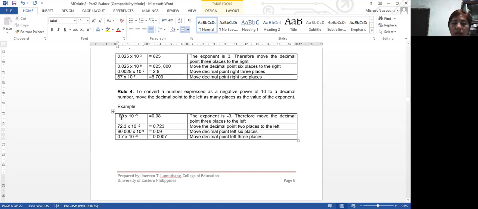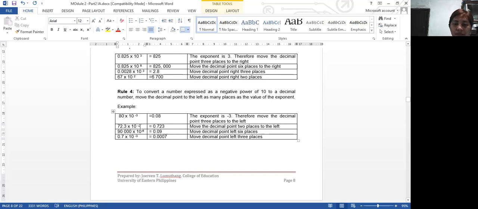That's why it's 0.08. Again, there is a decimal point here. Since it's raised to negative 3, we just count 3 places to the left. 1, 2, 3. So it's 0.08.